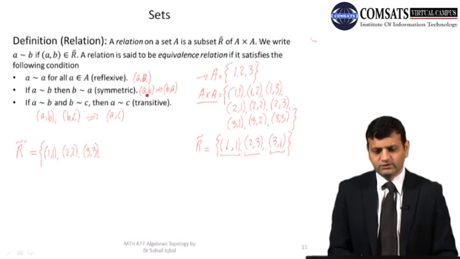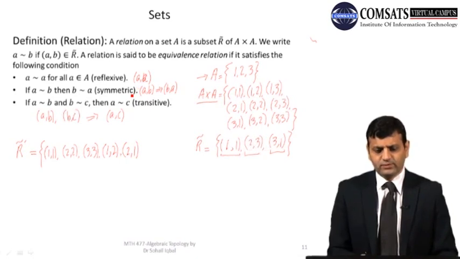And the second condition imposes that if (a, b) belongs to the relation, then (b, a) must also belong to the relation. Of course, (1,1) belongs to R tilde prime, and it's symmetric, so (1,1) is also in this set, and similarly for (2,2) and (3,3). But if I add one more element, let's say (1,2), then (2,1) must also be in this set due to this symmetric property.